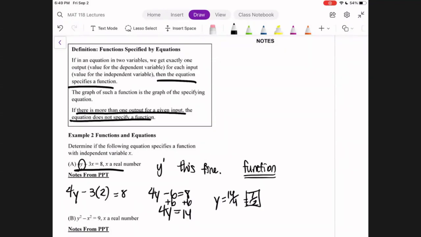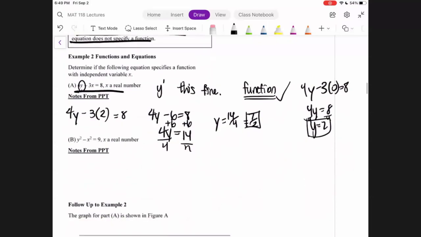I only got one y value there, not 2. You could plug in a different value, like 0: 4y minus 3 times 0 equals 8, so 4y equals 8, and y would be 2 because I divide by 4. Only one value, so this seems fine to be a function. I only get one y.